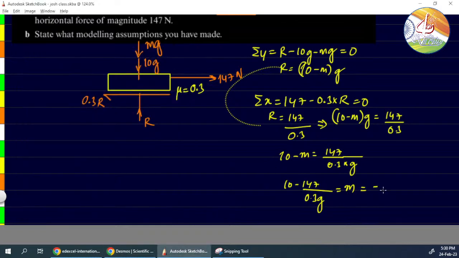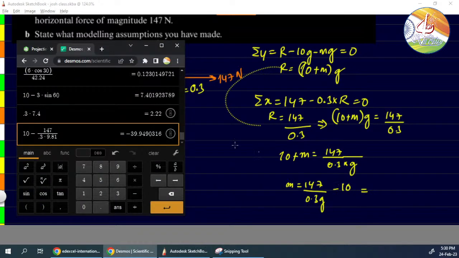How can it be minus? It shouldn't be minus. Something has gone wrong. Here both of them are negative, so it becomes plus on the other side. So m equals 147 by 0.3g, minus 10.